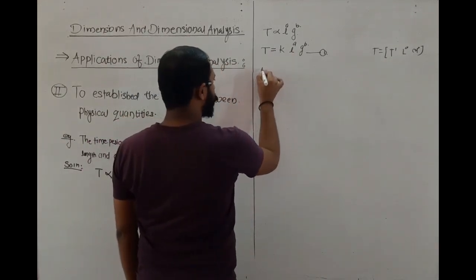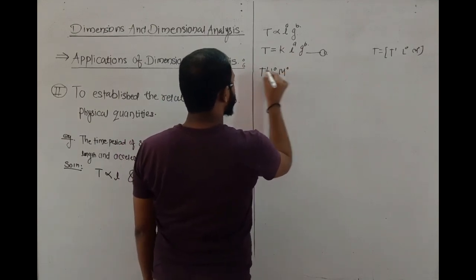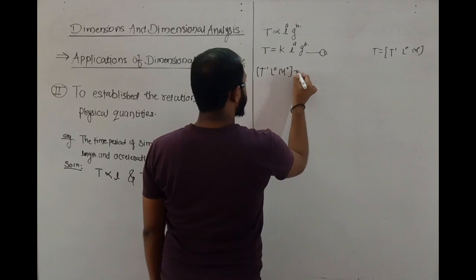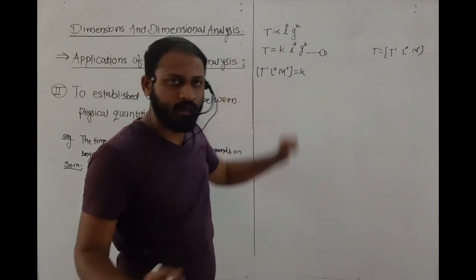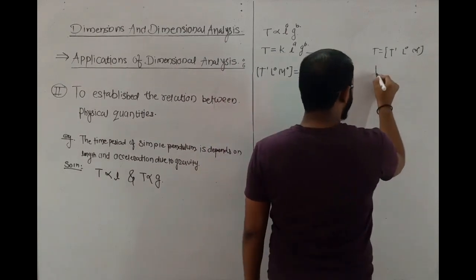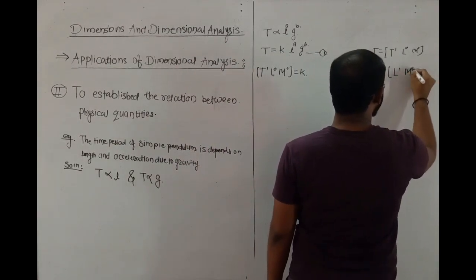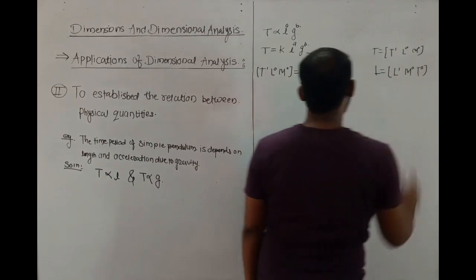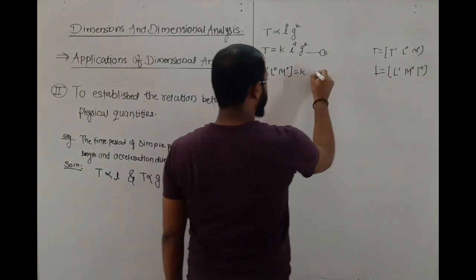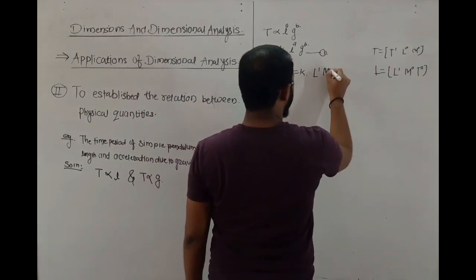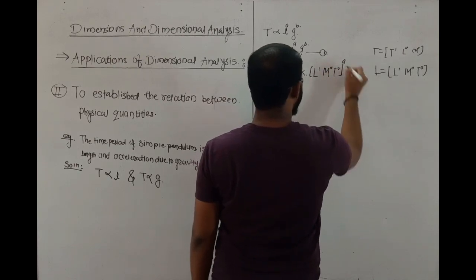The proportionality constant stays as it is. L means length, and the dimension for length is L1 M0 T0, whole power A.